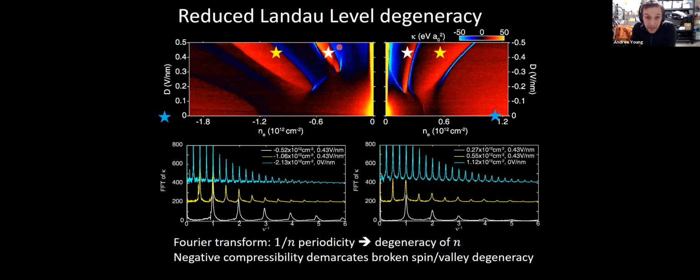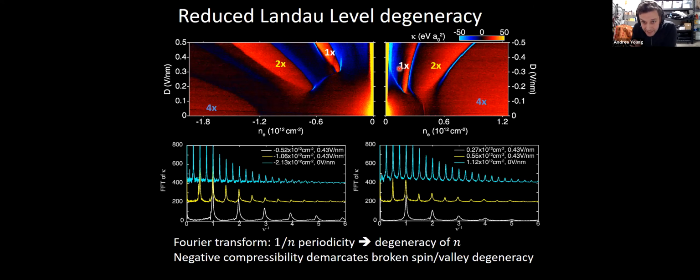And what you find generically is that the degeneracy of quantum oscillations in this regime indicated by the white star is a half of that in the regime indicated by the yellow star, and is a quarter of that in the regime indicated by the blue stars, which basically tells you that the degeneracy of the Fermi surface in this region is one-fold, two-fold, and four-fold, respectively, exactly what you'd expect if you have a cascade of ferromagnetic phase transitions.